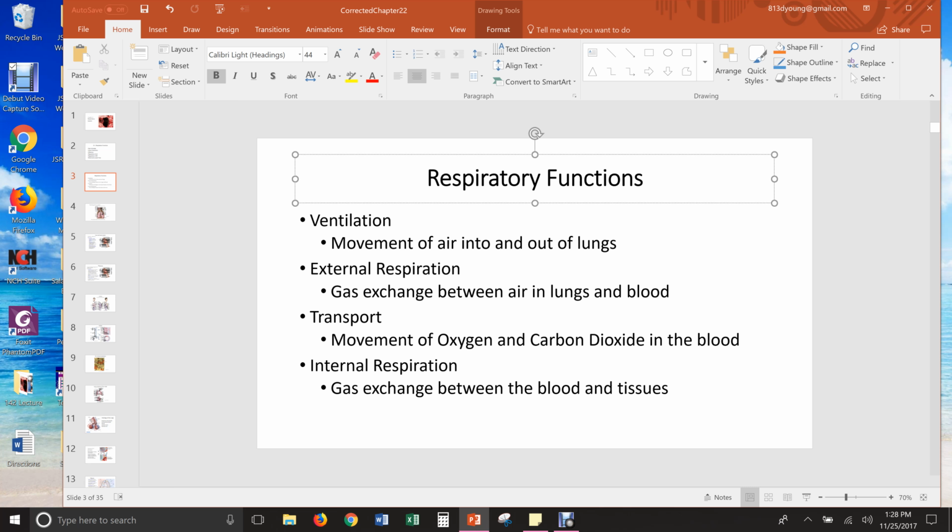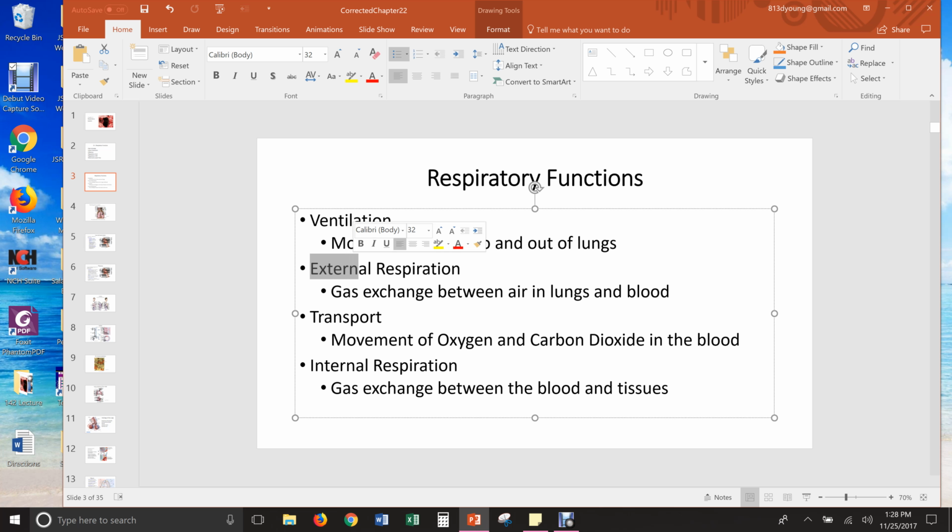Now, in respiration for the lungs, we're going to say that we have external respiration and internal respiration. External respiration is the gas exchange between air in our lungs and the blood that has contact with our lungs.